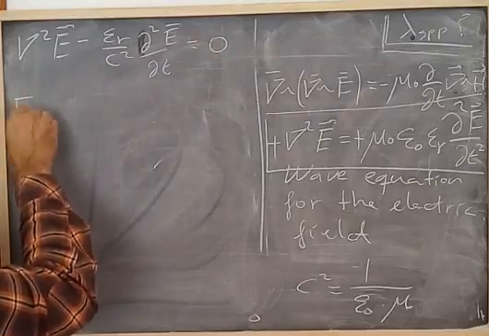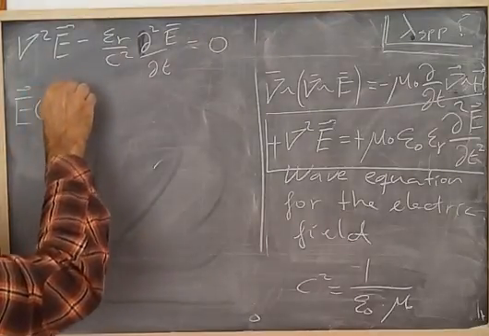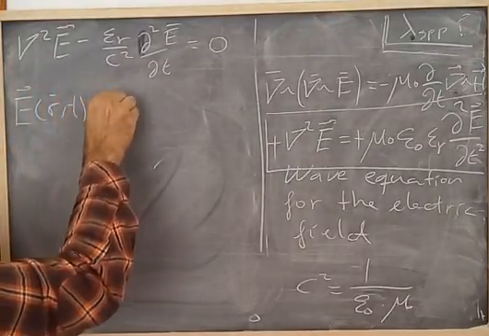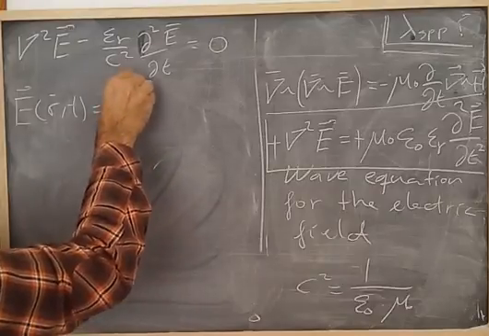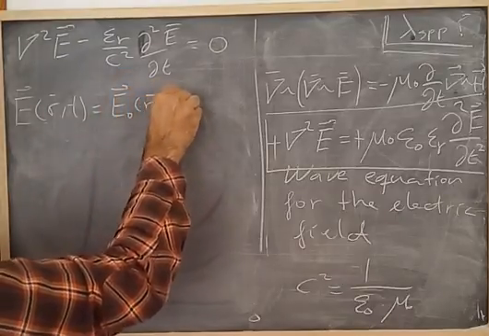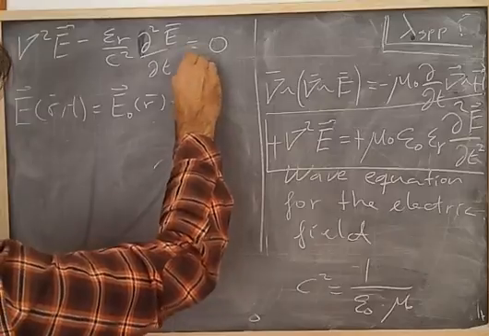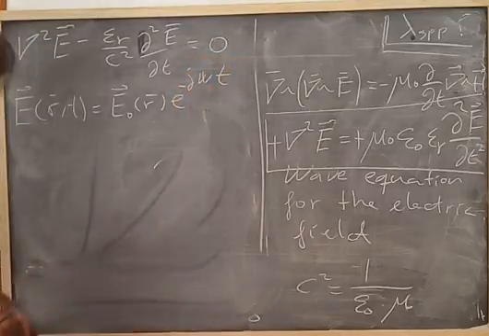So we can rewrite the electric field in this form, with e to the j omega t.